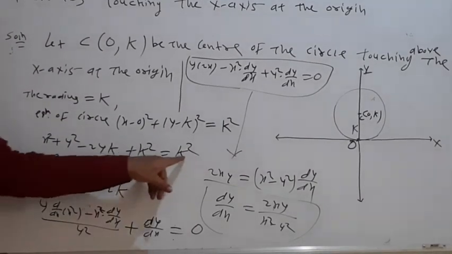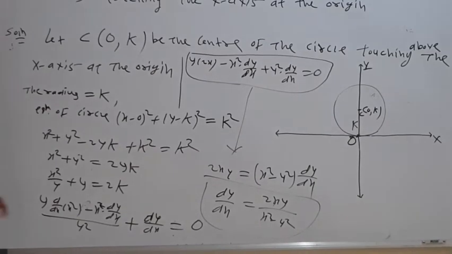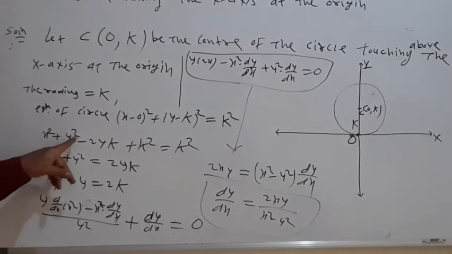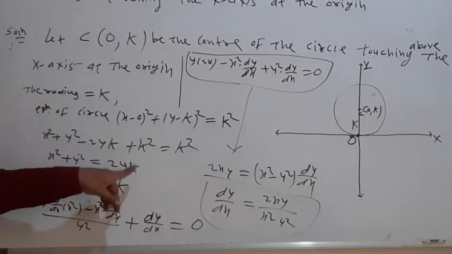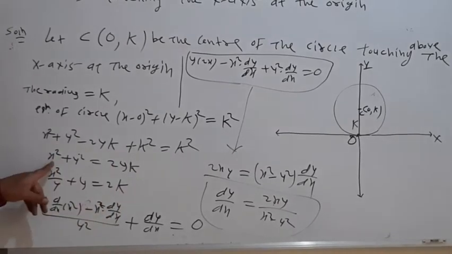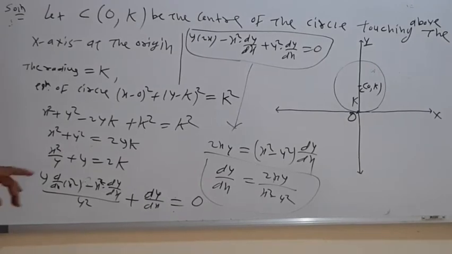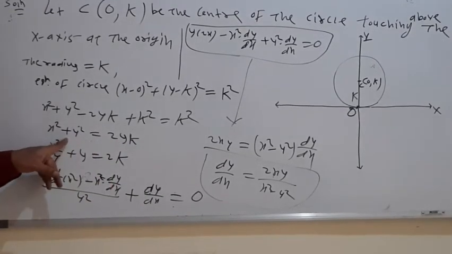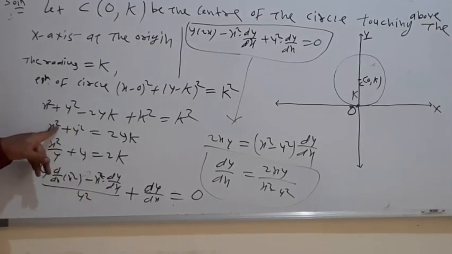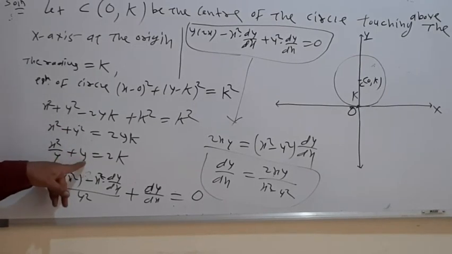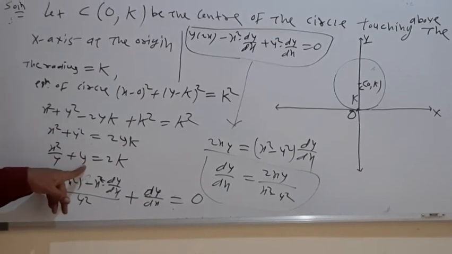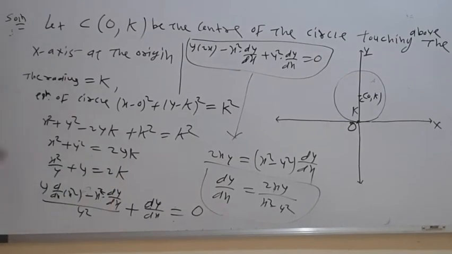Here k square gets cancelled. Then the equation is x square plus y square minus 2yk is equal to 0. Transfer to the right hand side, plus 2yk. So x square plus y square is equal to 2yk. If we divide by y on the left hand side, y square upon y cancels, only y remains, and the right hand side is 2k.